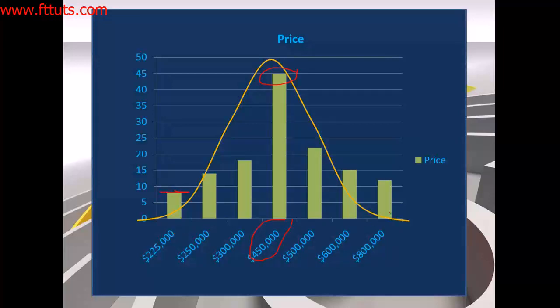At the same time, we had about, let's say 12 sell up here at about 800 grand. Yet the bulk of the sales are, actually I should have drawn it up here in this area right here. This is the vast majority, somewhere between 300 to let's say 520, 530.